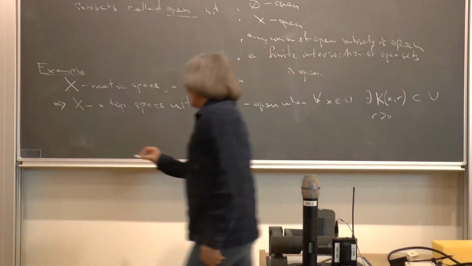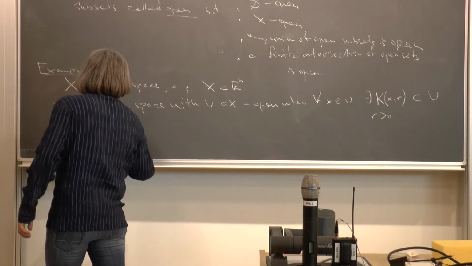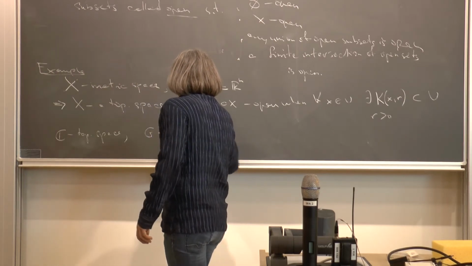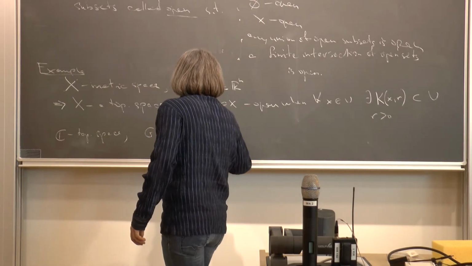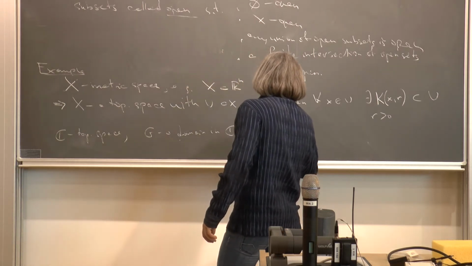So in particular, the complex numbers is a topological space. Any domain G in the complex numbers is also a topological space.